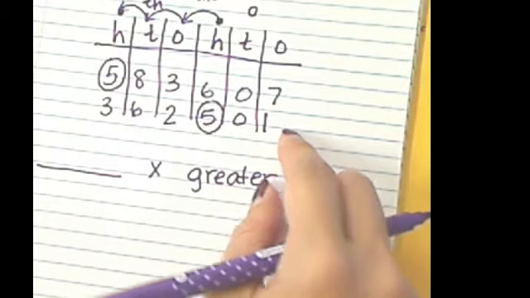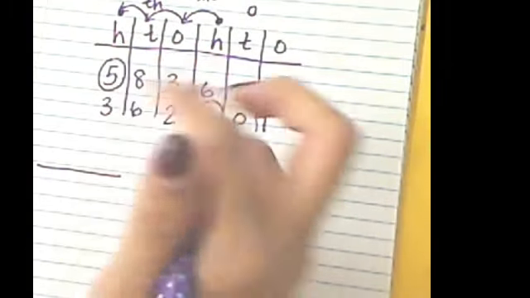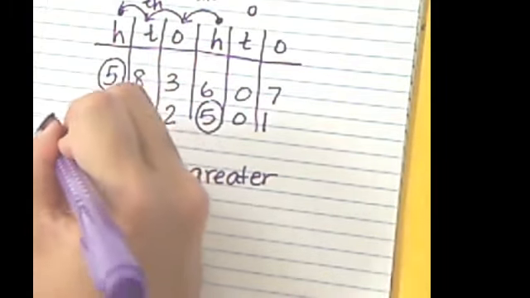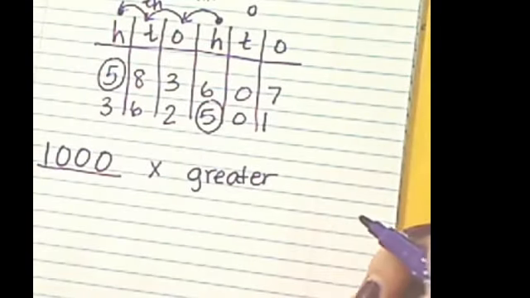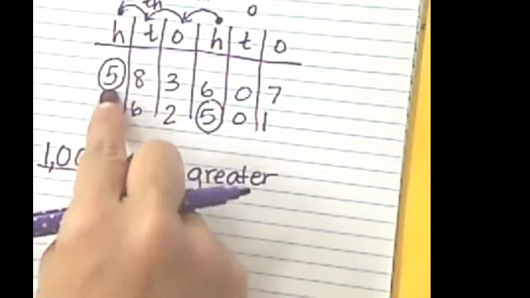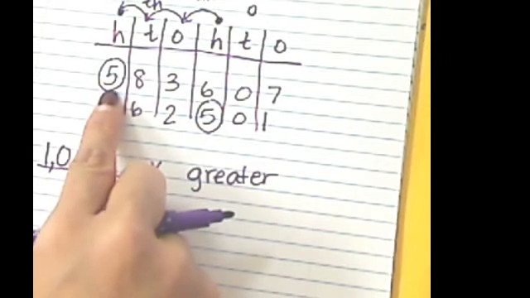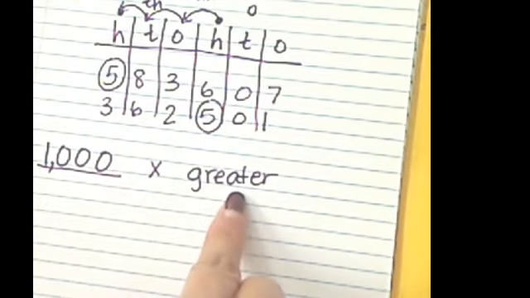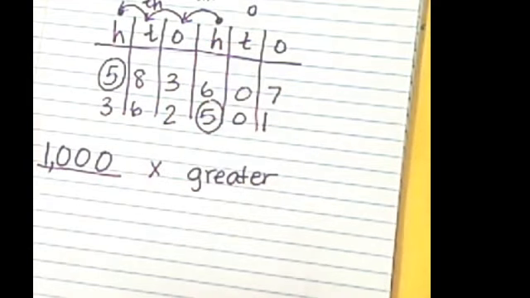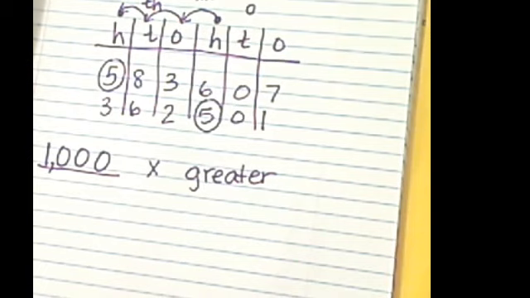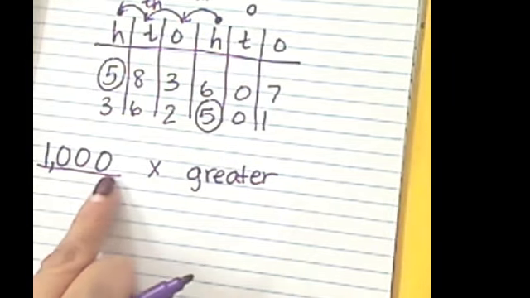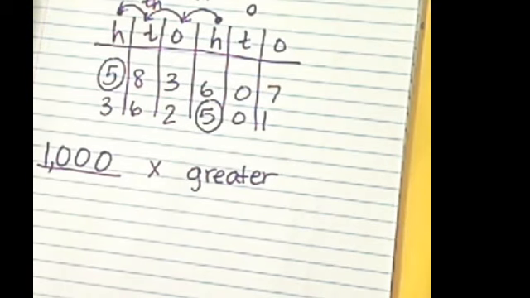We count the number of shifts. There's 3 zeros because there are 3 shifts. We were multiplying times 10, so that 1 needs to be there. So the 5 in the 100,000s is 1,000 times greater than the 5 in the hundreds place. Once you've got that, that's your answer.